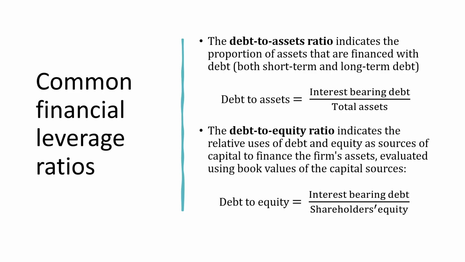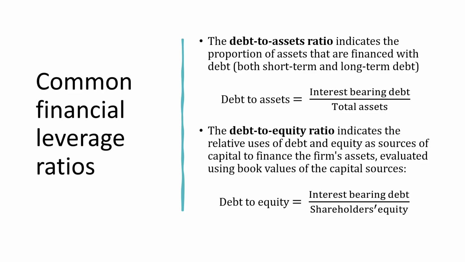Now, common financial leverage ratios include the debt to assets ratio and the debt to equity ratio. The debt to assets ratio is the proportion of assets financed by debt. And we're talking about both short-term and long-term debt, and we're comparing that to total assets. And then the debt to equity ratio, we're talking about how much debt there is relative to shareholders' equity or stockholders' equity, whichever name you want to use.